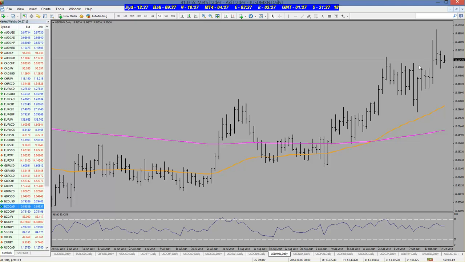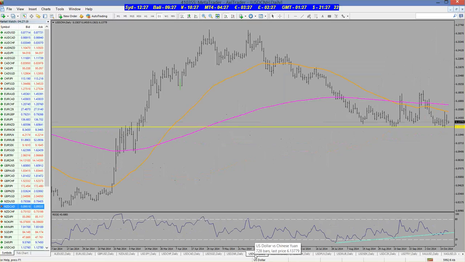Yeah, it's coming off the support area here. Again, I'd be looking at the shorter time frame. Just going nowhere, this one. We'll sell it underneath this, otherwise you're looking to buy it.